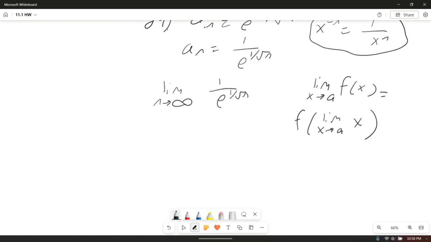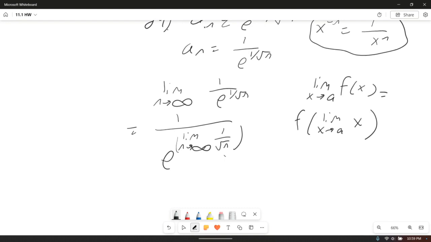So the limit as n approaches infinity of 1 over e to the 1 over square root of n is going to equal 1 over e to the limit as n approaches infinity of 1 over square root of n. And recall from a rule that we used earlier that the limit as n approaches infinity of 1 over n^r, where r is greater than 0, will just approach 0.